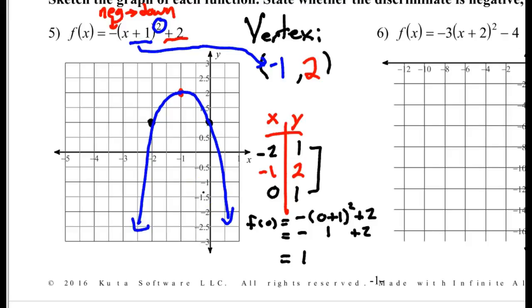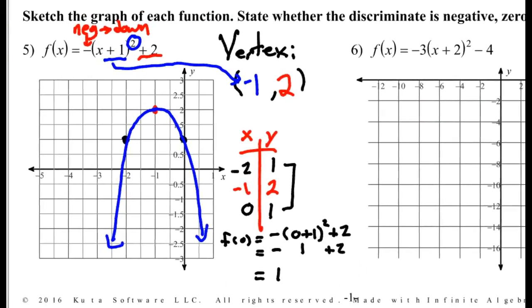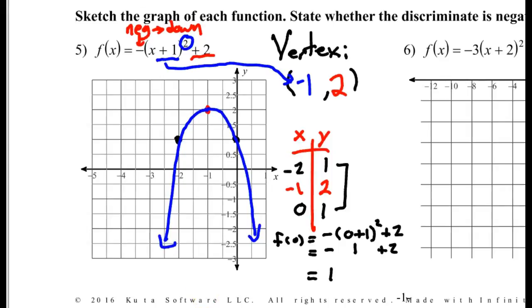Now, there's one more question on there. Is the discriminant negative, 0, or positive here? Just by looking at the graph, how many solutions are there? There's 2, right? You're looking to see where it crosses the x-axis. So is the discriminant positive, negative, or 0?